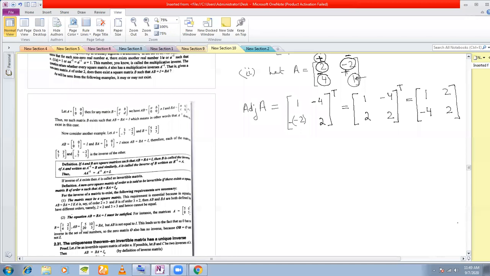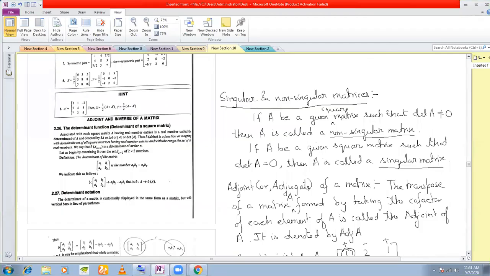We are going to do a very important theorem before defining the inverse of a matrix. Any matrix A for which the determinant is not equal to 0 is called a non-singular matrix.